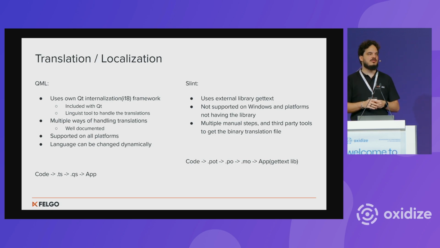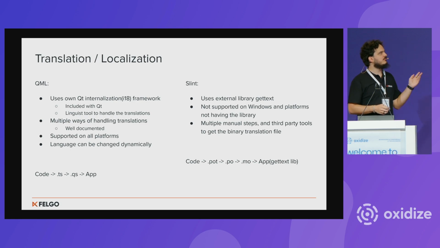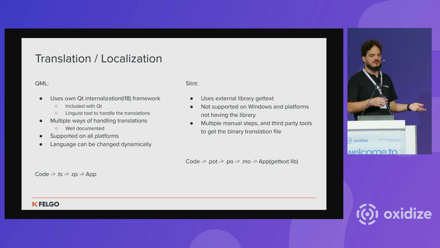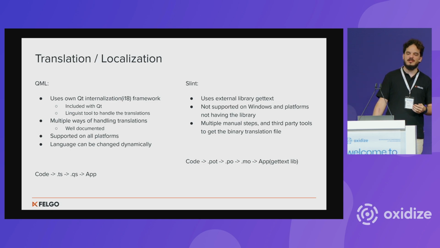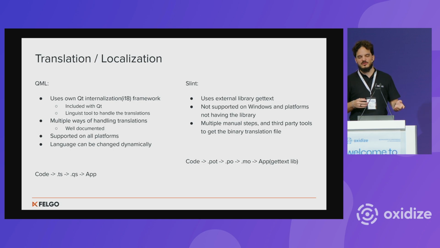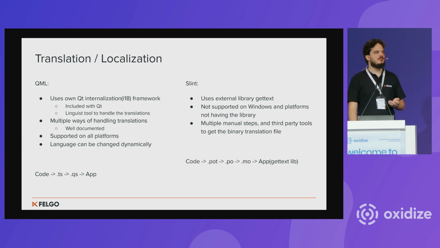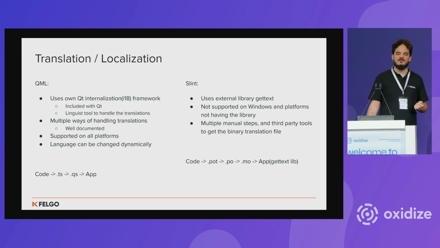It is well documented and supported on all platforms, and the languages can be changed dynamically. So you just get your translation file for either the code or the translations, which will be compiled into a QM file, and that is used in the app. While in Slint, this is a little more complicated at the time, because it uses an external library, gettext, which is not supported on Windows and the platforms that do not have this library.